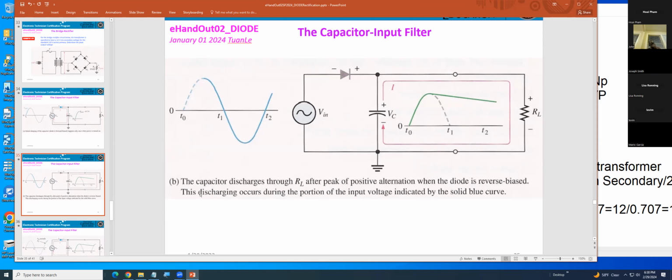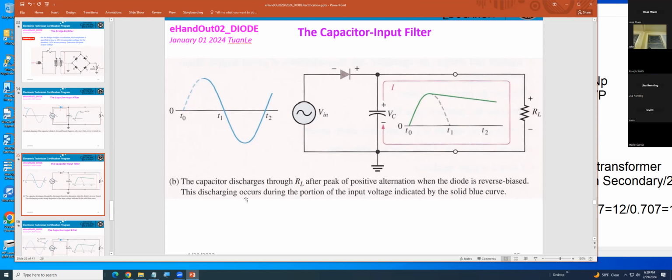Okay? And here, if you're reading it, the capacitor discharges through RL after the peak of the positive alternation when the diode is reverse biased. That means when I get a negative input here, the diode will be open. And now the capacitor will be discharged through the resistor right here.